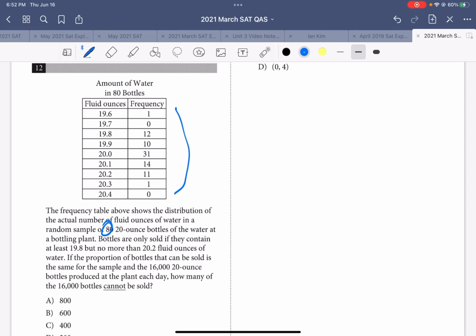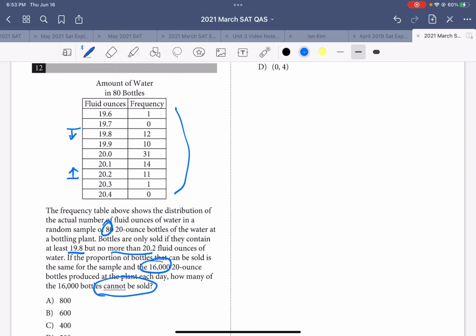The bottles are only sold if they contain at least 19.8, so from here, but no more than 20.2, so right here. The proportion of bottles that can be sold is the same as for the sample, and there are 16,000 20-ounce bottles produced at the plant each day. So how many of the 16,000 bottles cannot be sold?